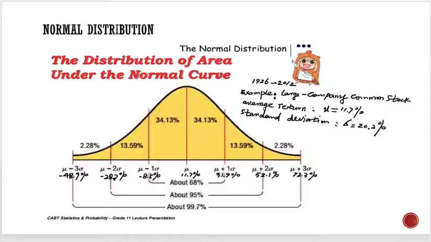So from this sample, we can generalize these characteristics to the whole population. That is why we use mu, the population mean, and sigma, the population standard deviation.